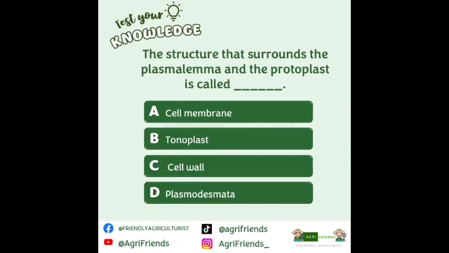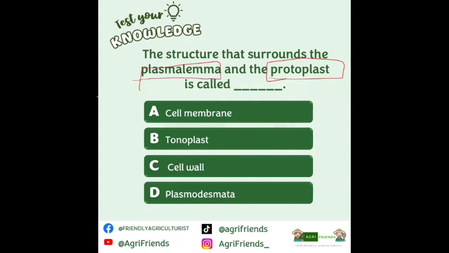Next, the structure that surrounds the plasmalemma and the protoplast is called A. Cell membrane, B. Tonoplast, C. Cell wall, or D. Plasmodesmata. So what is protoplast? Protoplast refers to the entire cell, excluding the cell wall.